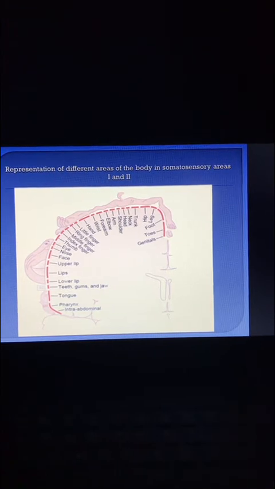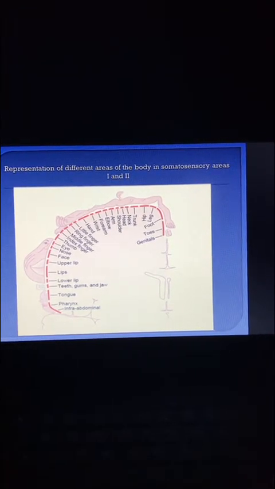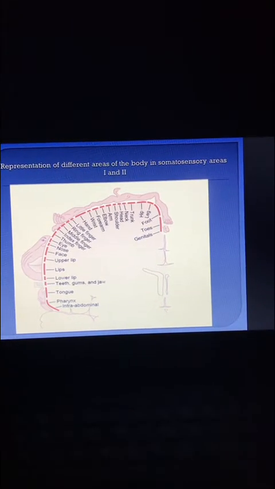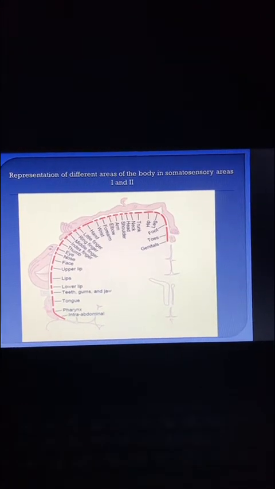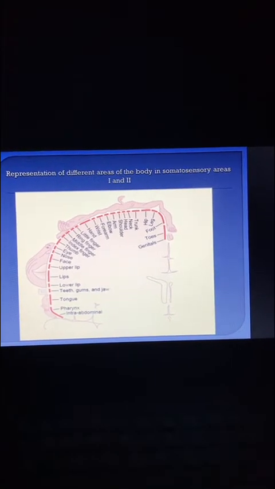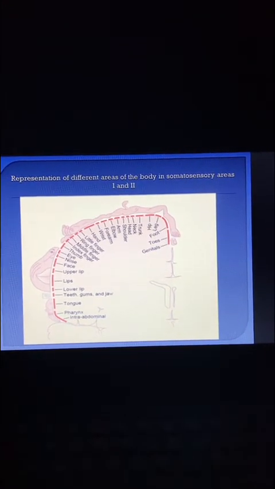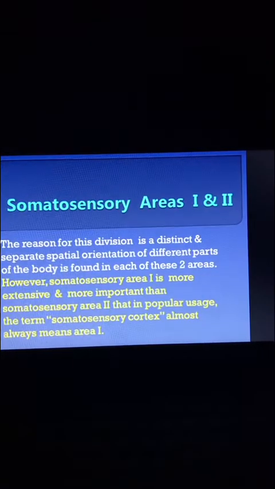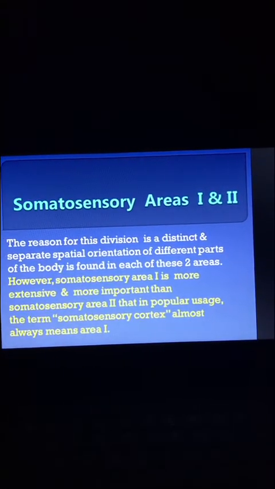Here is the representation of different areas of the body in somatosensory areas 1 and 2. Some areas are larger than others according to the representation and sensory receptors in the region.